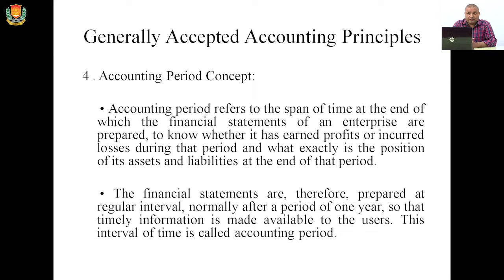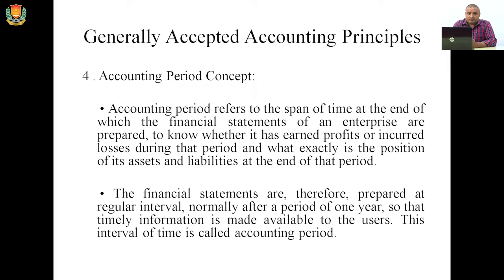For determining profits earned by the business or losses incurred by the business, we accounting people determine profit or loss after a certain period of time. After every certain period, which is generally 1 year, we compare the expenses and incomes of the business and arrive at either profit or loss figure.